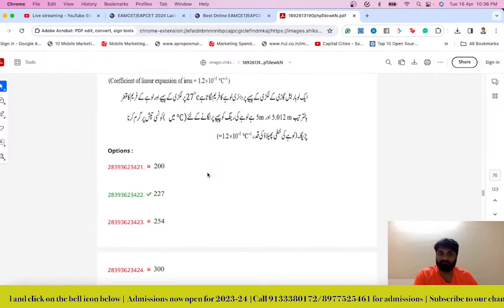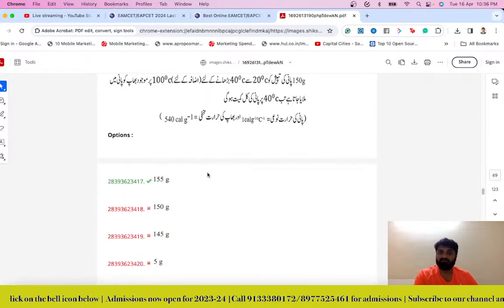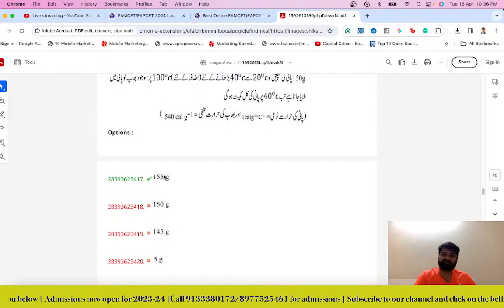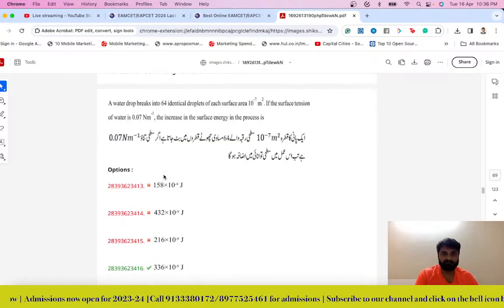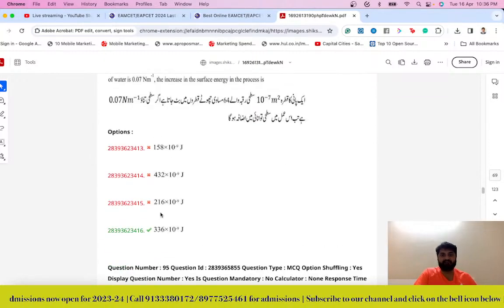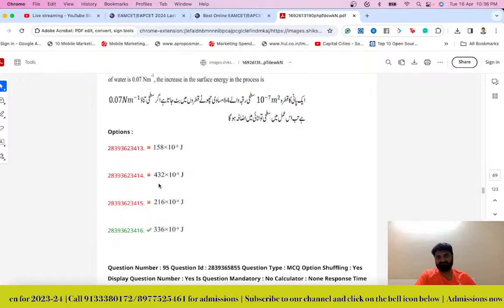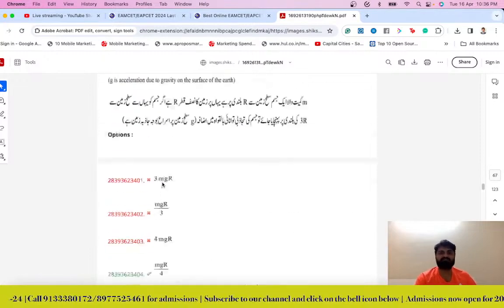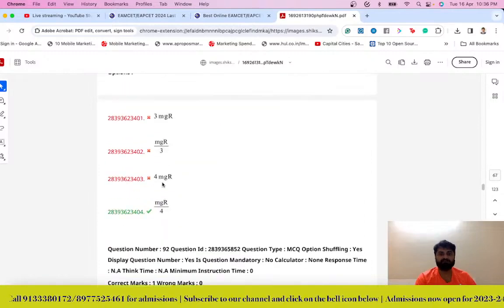It might not work for all, but if you don't have any idea, again see here, 145, 150, 155, highest was the answer again. Now look at this here, 158, 216, 432, 336, highest didn't work here. So sometimes it will work, sometimes it will not work, but 50-60% of the times this will work.